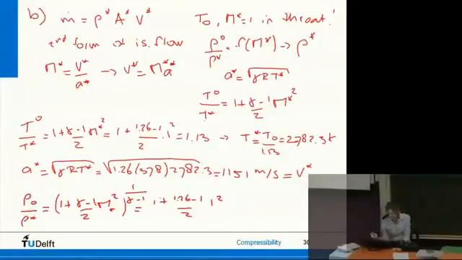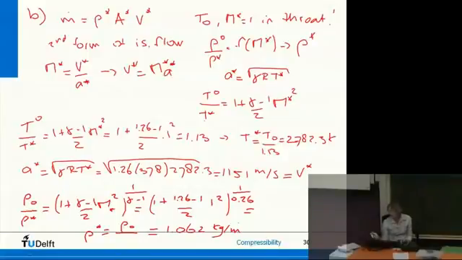And I don't have this because I chose the other way to do it. Can anybody type this in? What the answer is of this? And then rho star is equal to rho 0 divided by that. And I have rho star. This ratio?